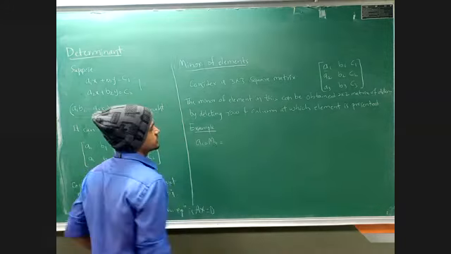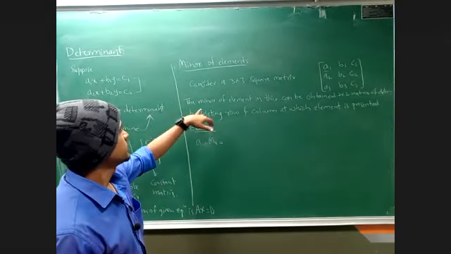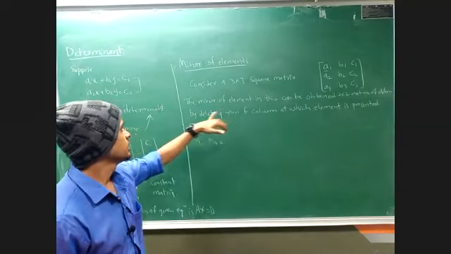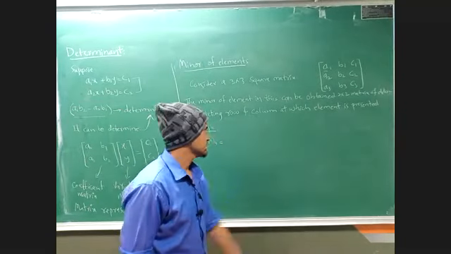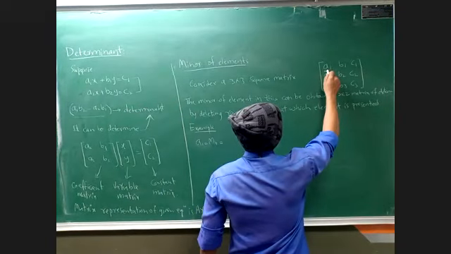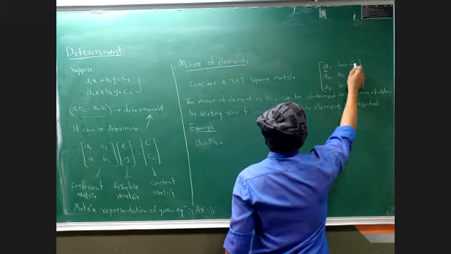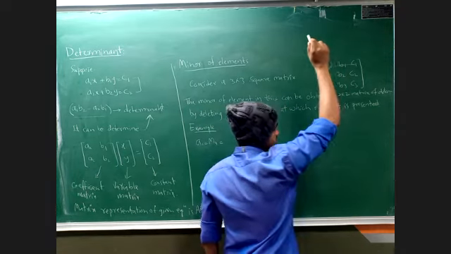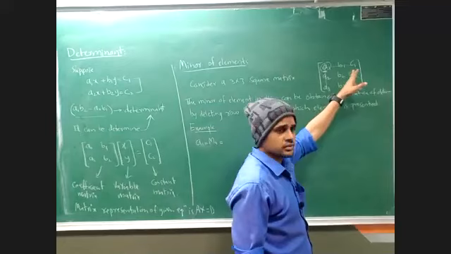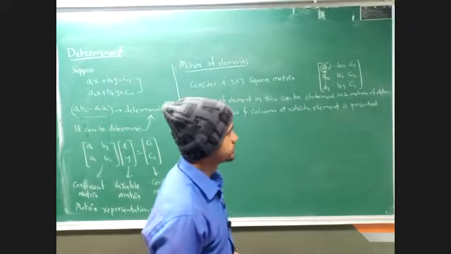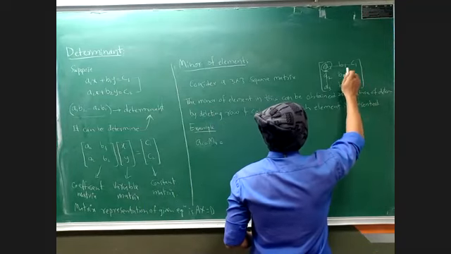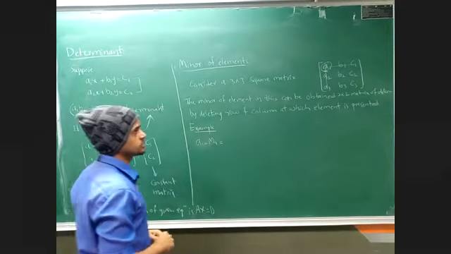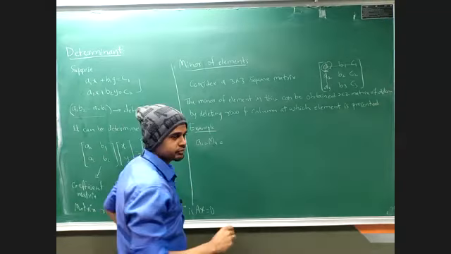According to the definition, I delete the row and column where the element is present, and the rest of the part with determinant is called the minor of the element.